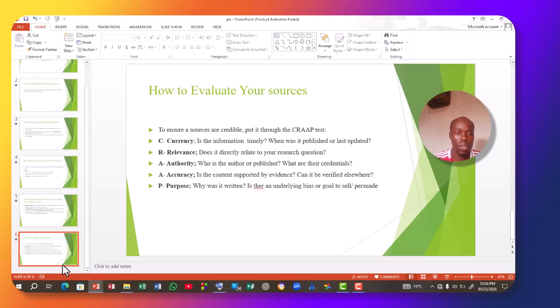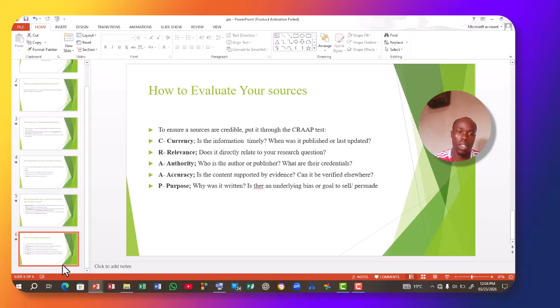How do you evaluate your sources? We evaluate our sources to ensure that they are credible, by putting them through the CRAAP test.